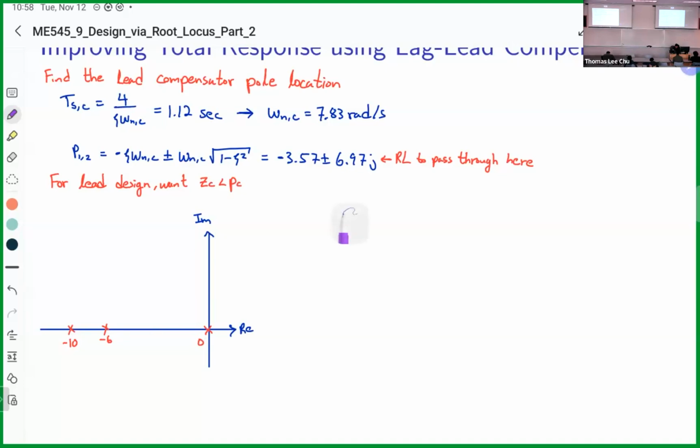Then I'm going to choose ZC to be -5. I think in the textbook they choose -6. This is minus ZC. And then we're going to determine PC. I'm going to just put it to the left of the zero.